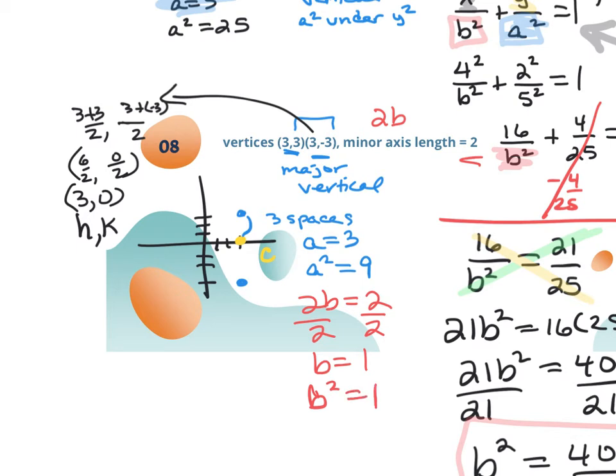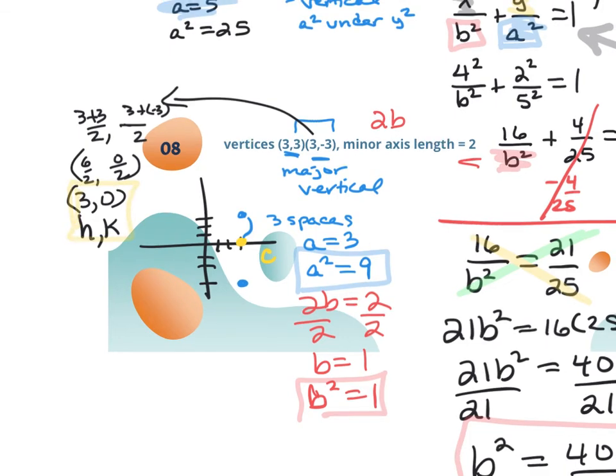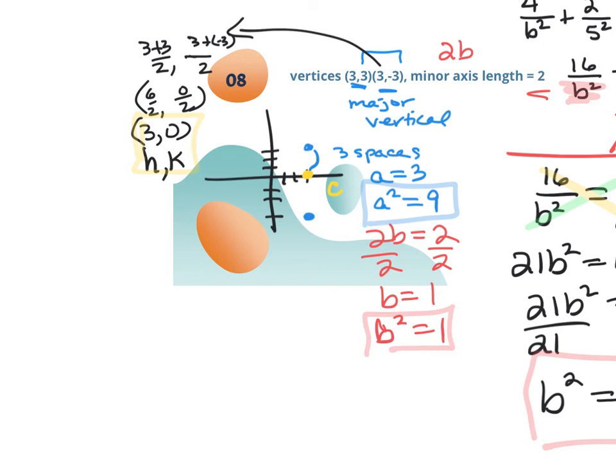Remember when you plug things into your formula, all we were plugging in before was a squared and b squared, but this time we also have to plug in the center, and our center is at 3, 0. So let's go ahead and fill in. Again, your major axis was vertical, so that's where the a squared is. It's x minus h squared plus y minus k squared equals 1.